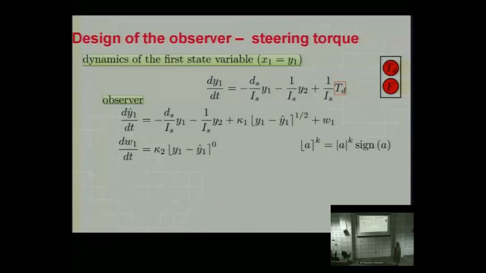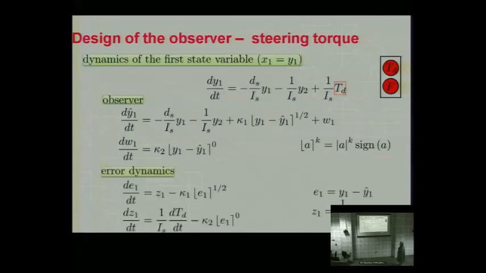We're not using a classical sliding mode control injection. This is effectively a twisting type injection, to feed into what we did yesterday and what we're going to do tomorrow. But effectively, this is an injection which will zero the output error y1 minus y hat.